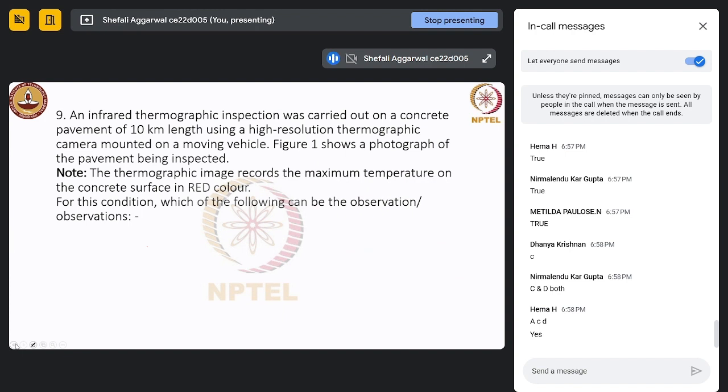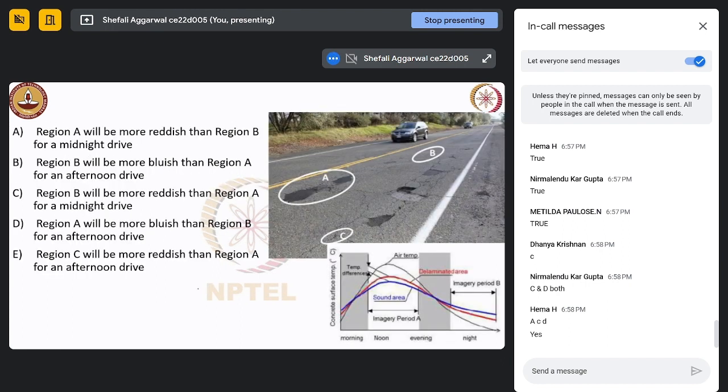The note says the thermographic image records the maximum temperature on the concrete surface in red color. For this condition, which of the following observations can be correct? So this is a 10-kilometer long pavement, and based on these observations, this red part will tell about the temperature. What do you think is the correct observation?